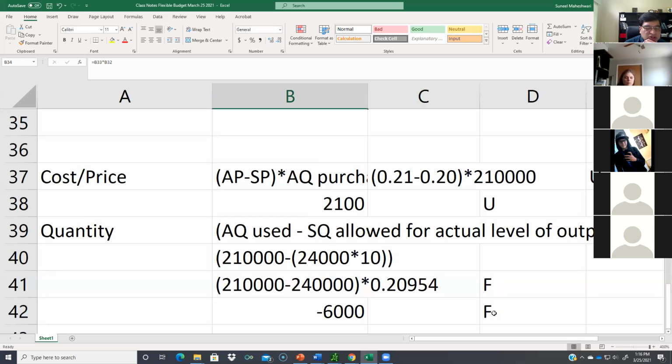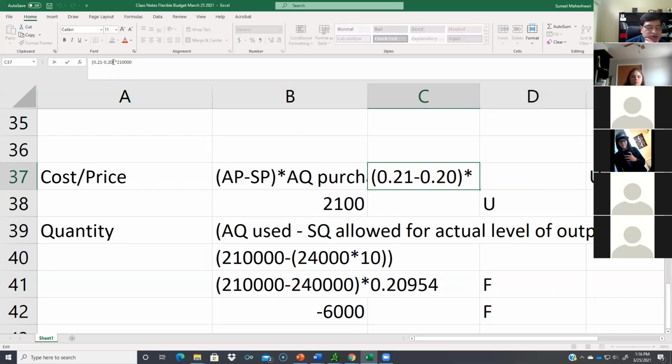So 6,000 favorable and 2,100 unfavorable gives me the 4,000. So there's a rounding error coming from somewhere, and that is creating a problem of $100.